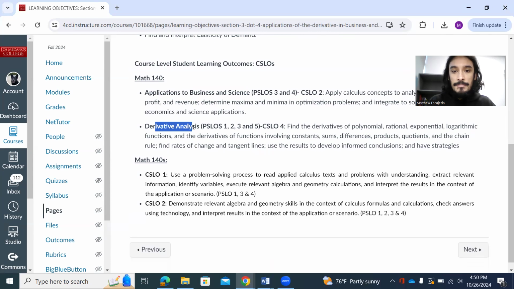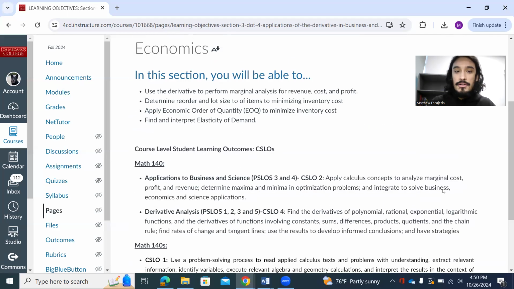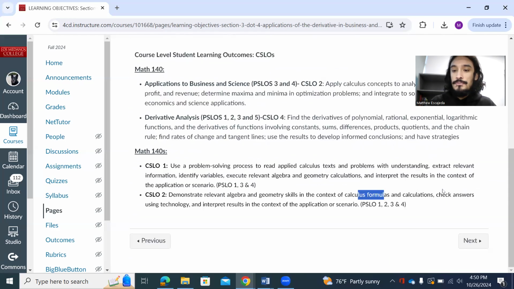Derivative analysis, we're taking derivatives of some polynomials and coming up with some conclusions and figuring out how to best take a derivative. And this also coincides with Math 140S, a support section using problem solving to read some calculus problems and just demonstrating relative formulas and calculations and terminology with technology, okay? So that's the student learning outcomes and our learning objectives for this section.